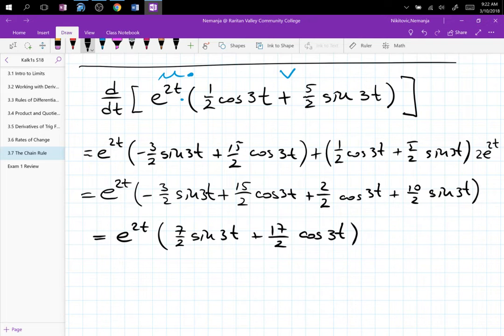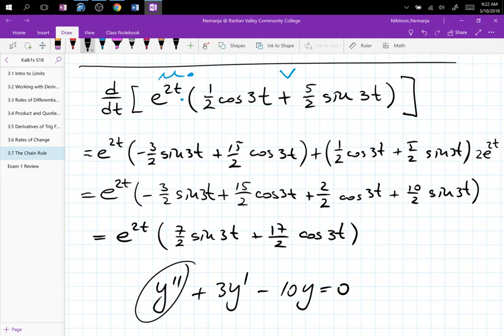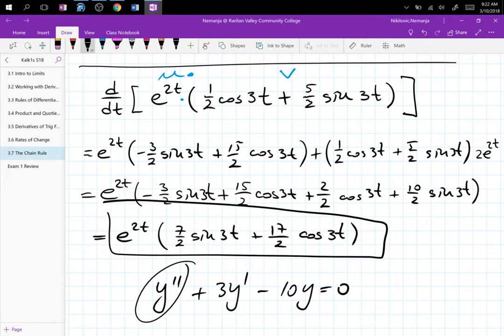Again, you take another derivative to find the second derivative, because your differential equation was y double prime plus 3y prime minus, I don't know, 10y equals 0. So you have to plug in the second derivative here. This whole thing goes here. The original function, which is all the way on top, goes there. And then you still have to take the derivative of this for the first one.